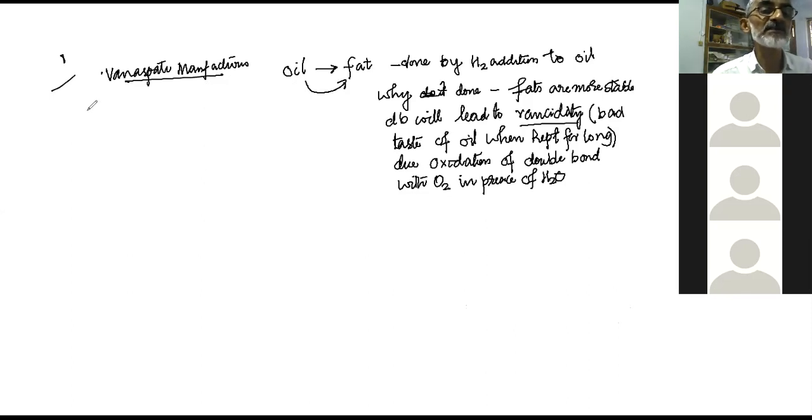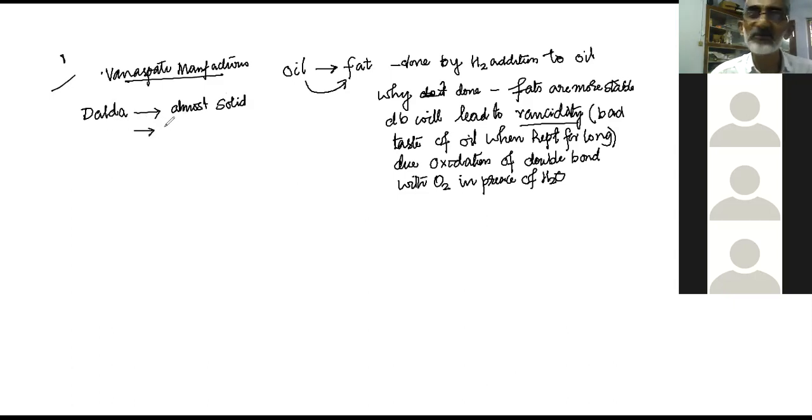You must have seen in the market, Dalda is quite hard. This is a brand name of Hindustan Lever. It is almost a solid.